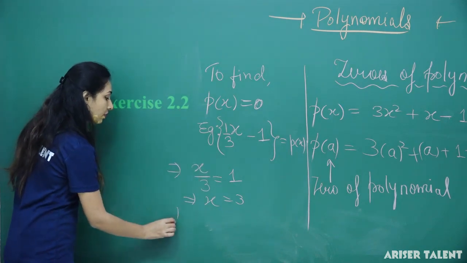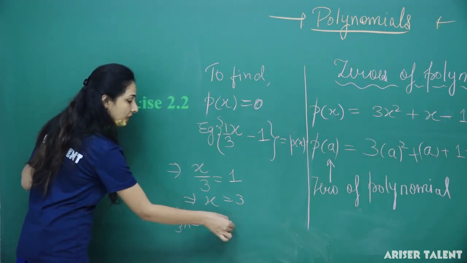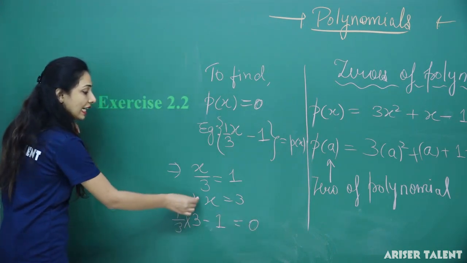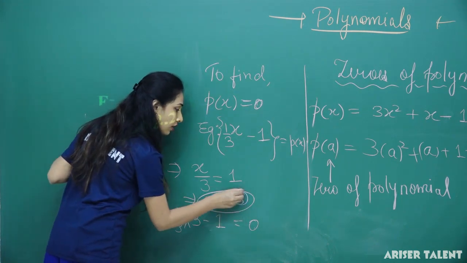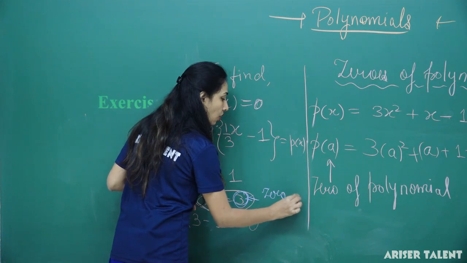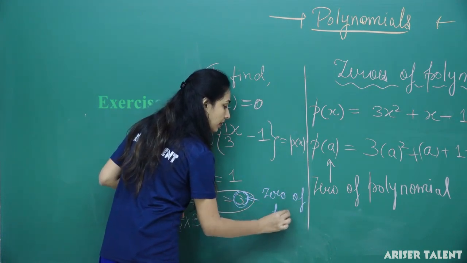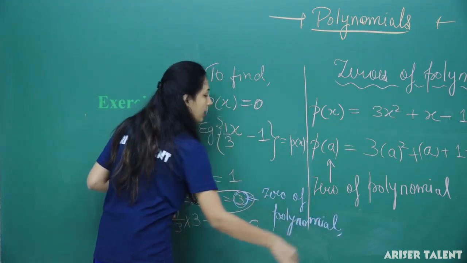How? Because if you write x equals to 3 here, you will be getting 1 minus 1, that is equal to 0. That means this x equals to 3, this 3 is what? The 0 of the polynomial. Which polynomial?